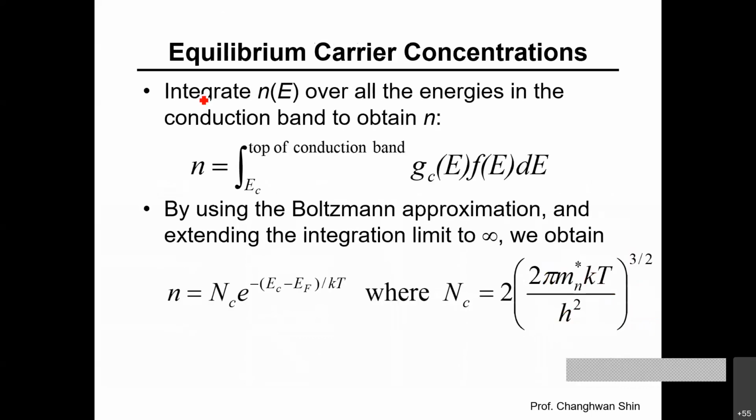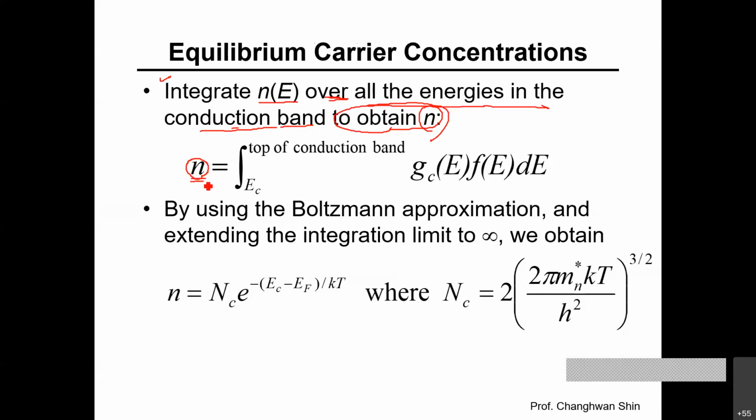Now let's do some more detailed work. How to get the total number of electrons from N of E. As described here, please integrate N of E over the range of all the energies in the conduction band, for obtaining the total electron concentration.